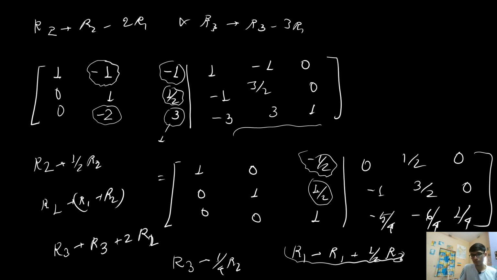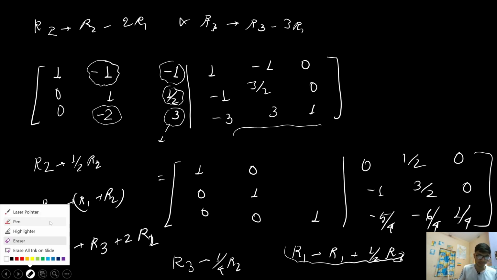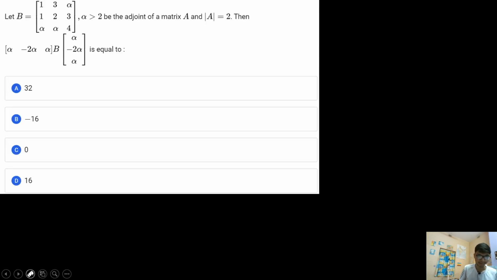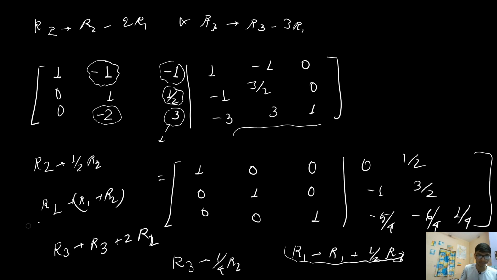In doing so I will get 0 here and 0 here, and 0 here and 0 here, and similarly these elements will become minus 1 by 8, and 1 by 8.